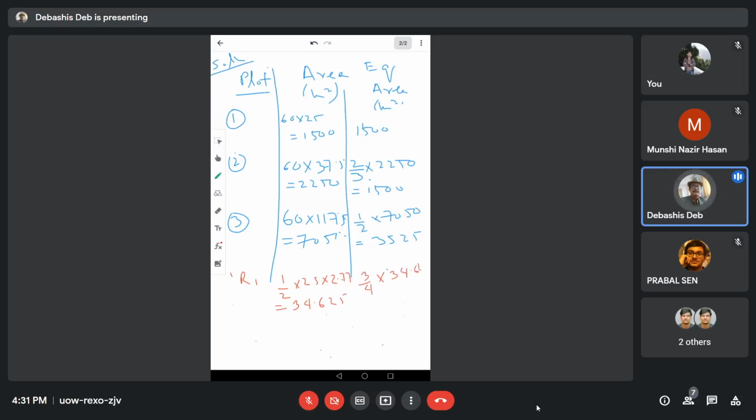This is R1, 34.625 is the area of R1. Since it is recess land, so for equivalent area I should multiply by 3/4.